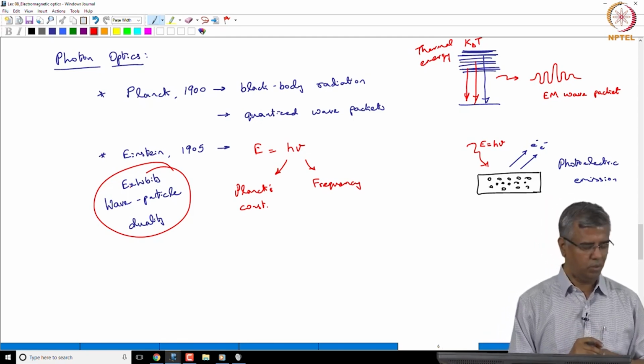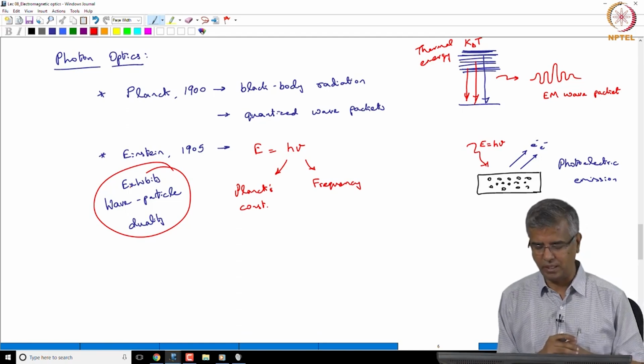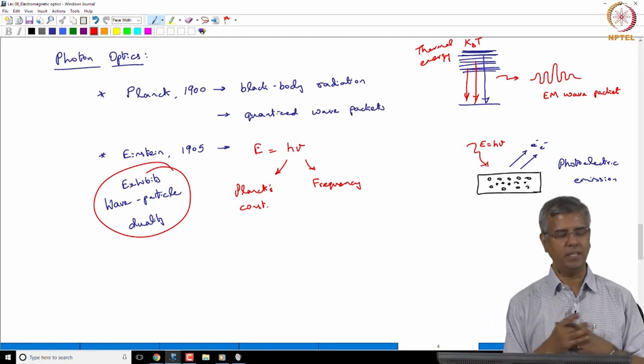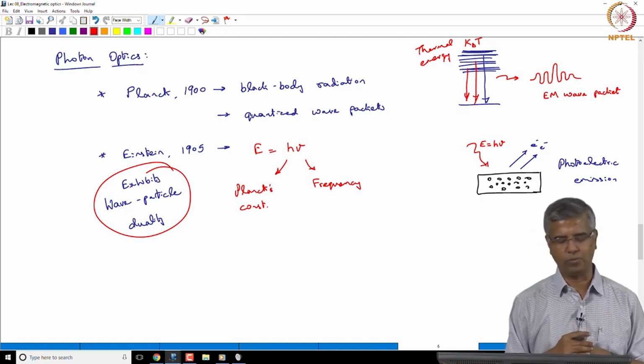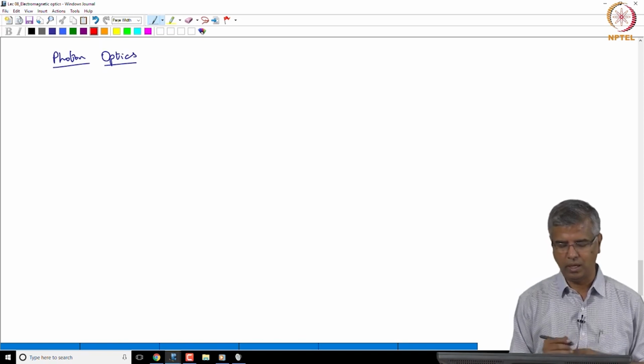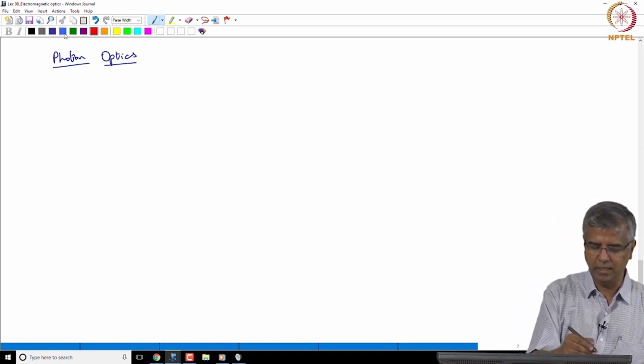Okay. So with this sort of a picture, let's now see what should be the properties of the photon. Okay. So let's go ahead and try to look at this in a little more detail.